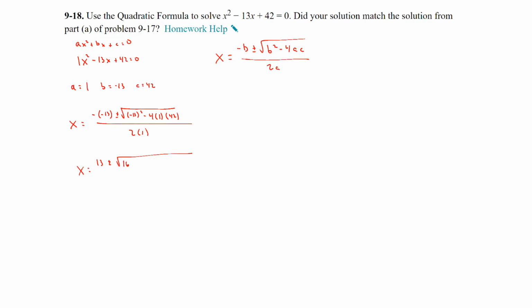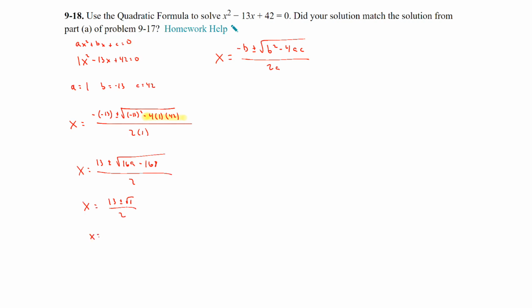Negative 13 times negative 13 is 169. And then on this, make sure you multiply those three numbers, including the negative. So that's negative 4 times 1 times 42, and that is negative 168, divided by 2 times 1, and that is 2. And then continue to simplify. So x equals 13 plus or minus the square root of 1 over 2.